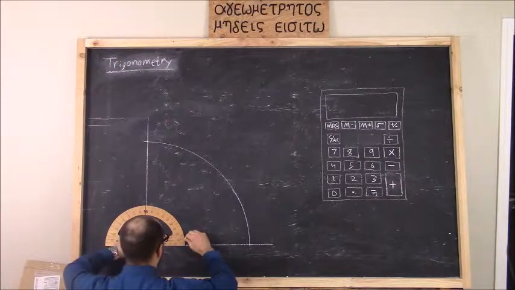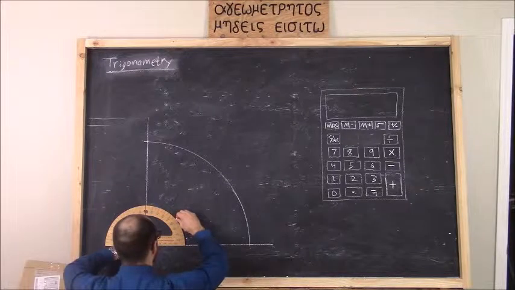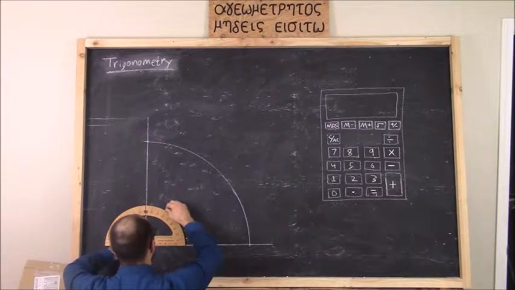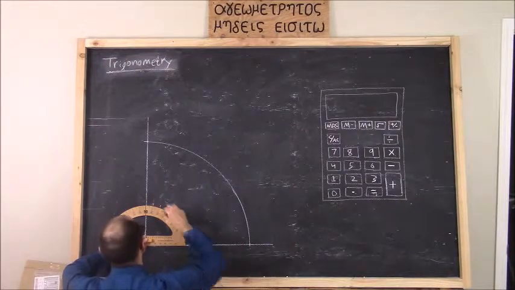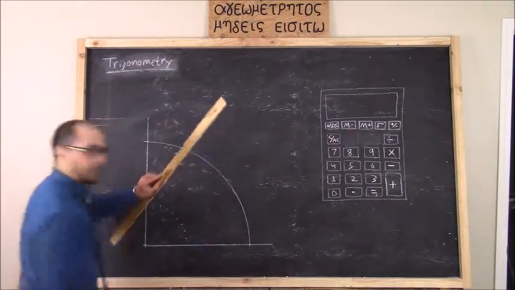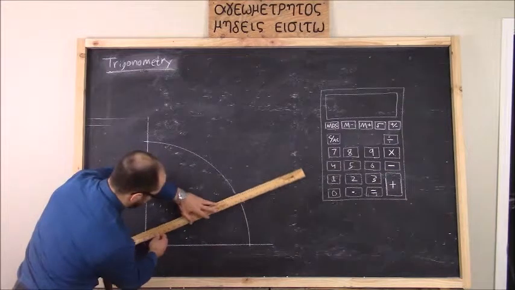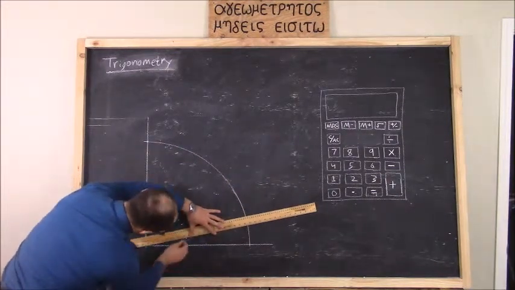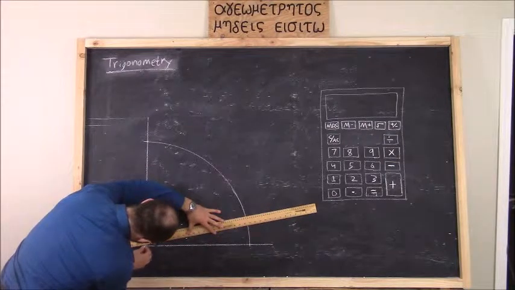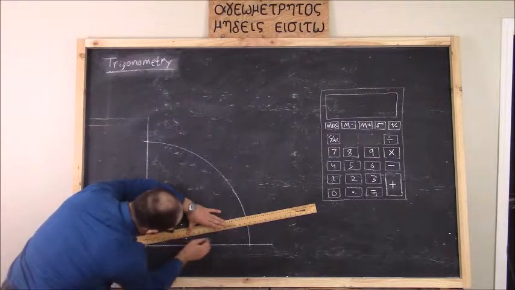I'm just going to mark off every 10 degrees. 10, 20, 30, 40, 50, 60, 70, 80. I'll simply extend that from the corner to the arc here. Again, being careful.